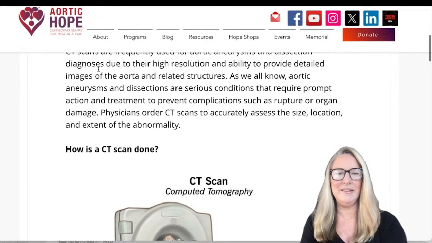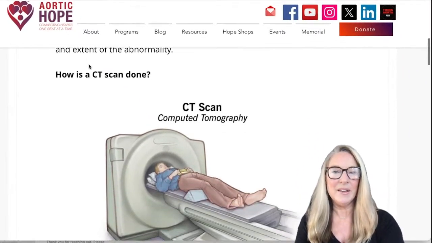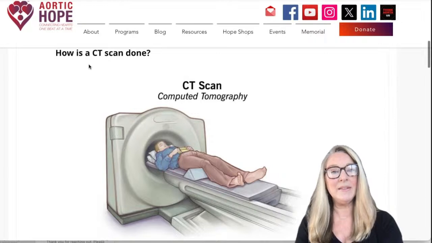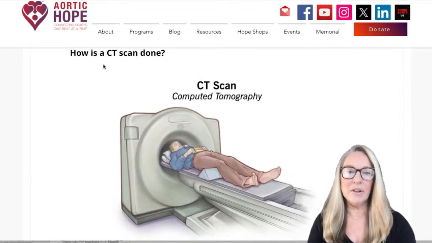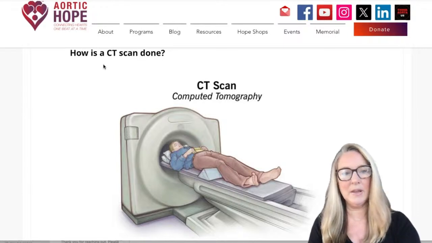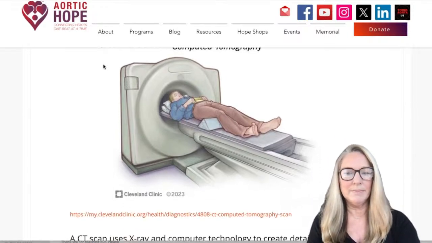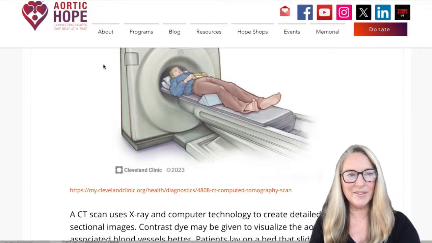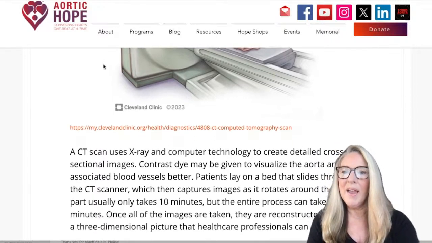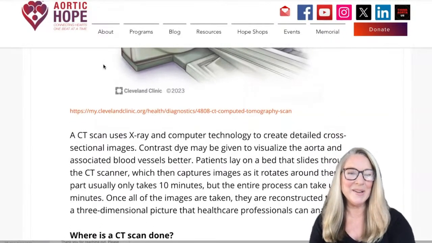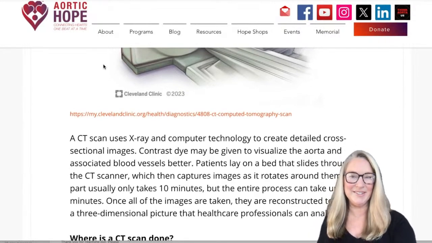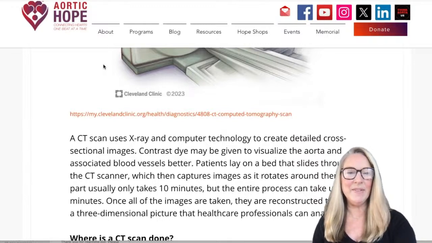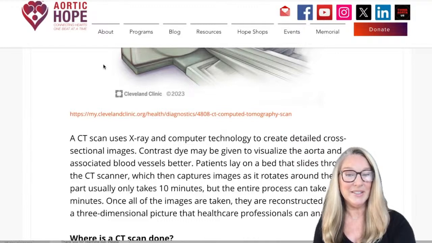So how is a CT scan done? Here we have an image of a CT scan of somebody just about to go through the scan. Been there, done that a few times. A CT scan uses X-ray and computer technology to create detailed cross-sectional images. Contrast dye may be given to visualize the aorta and associated blood vessels better.